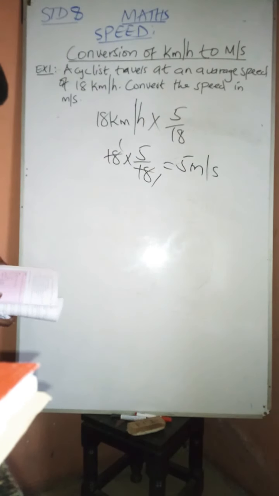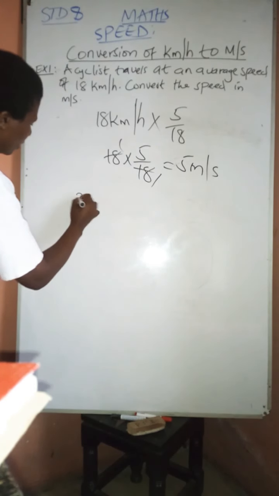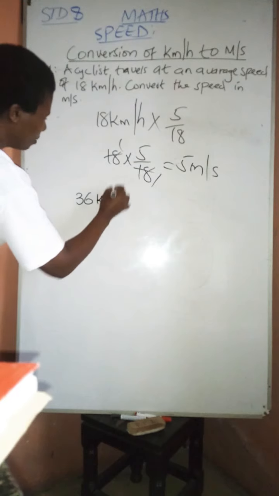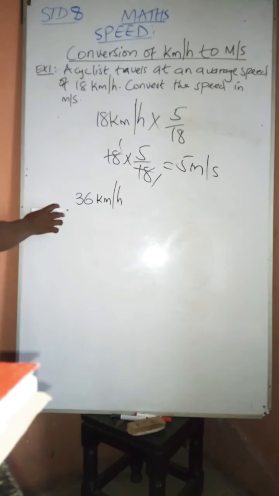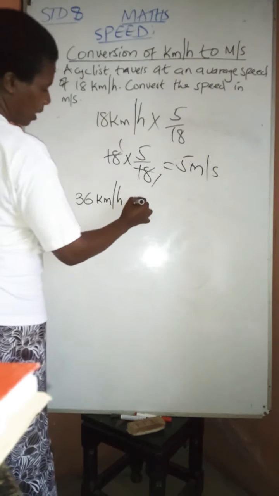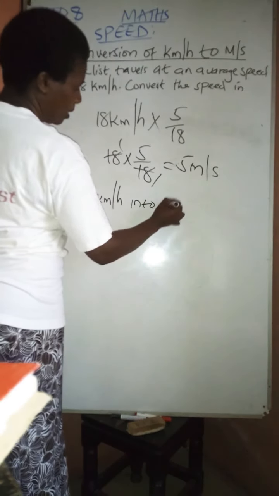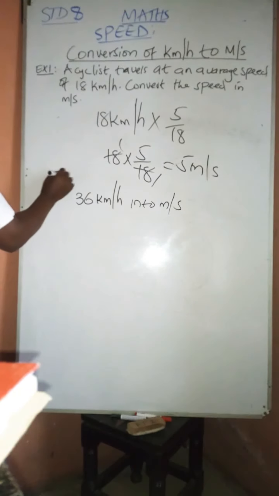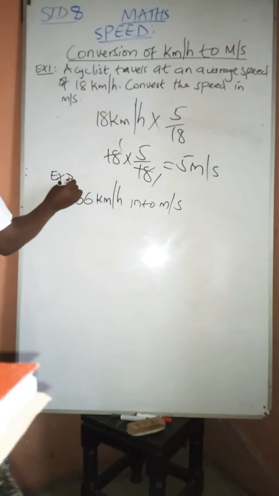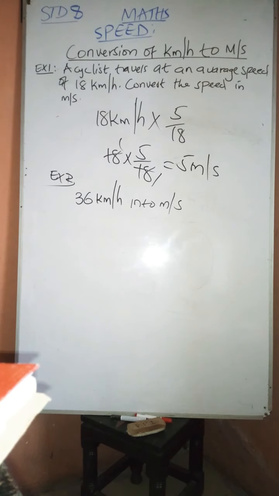Let me give another example here. Example 2. Convert 36 kilometers per hour into meters per second.